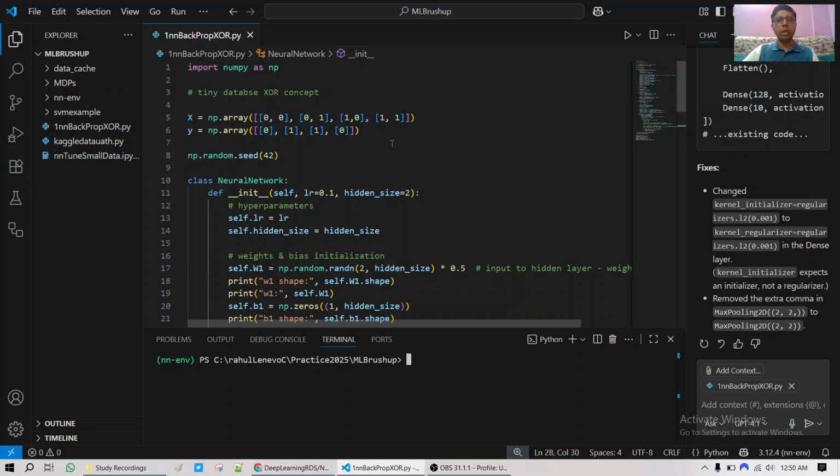As you know, neural network is one of the important topics in deep learning where we educate and train the models and learn and validate the input and output of the learning. One of the examples that we are going to see is neural network with backward propagation and the concept of XOR. You know what the XOR concept is, right?